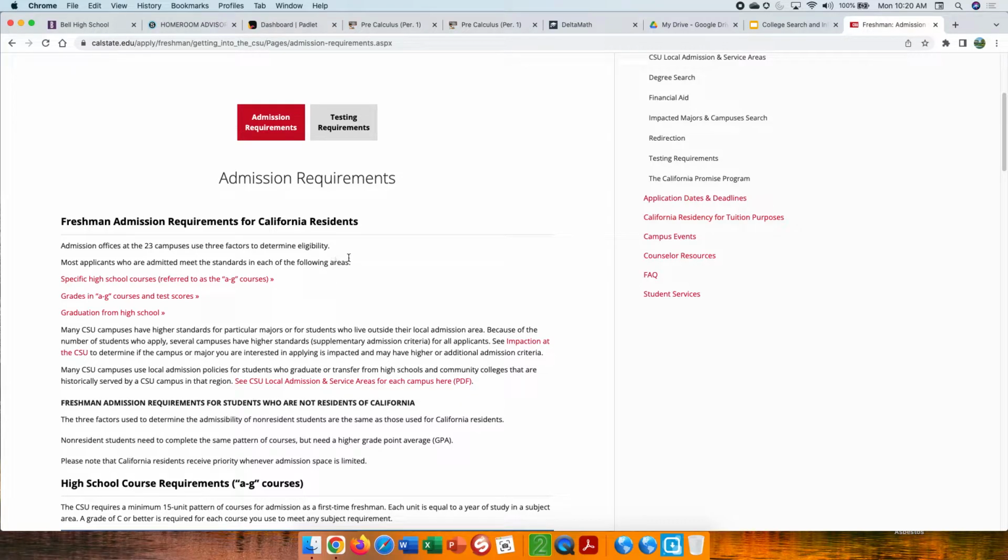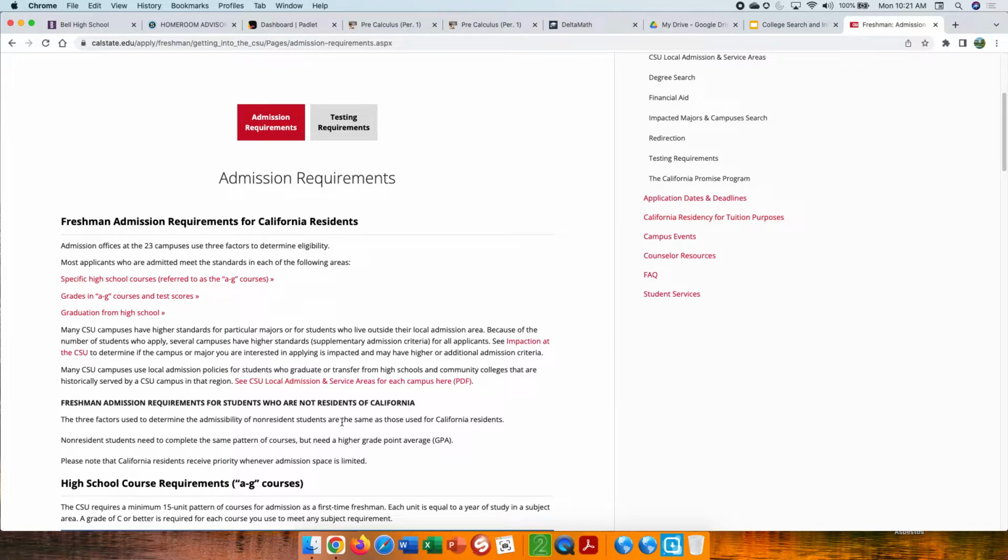If you're not a California resident and you didn't go to school and grow up in California, let's say somebody from Texas or from Oregon or from New York, any other state that wants to come and take classes, which they can, they'd have to pay more. And guess what? The same for you.